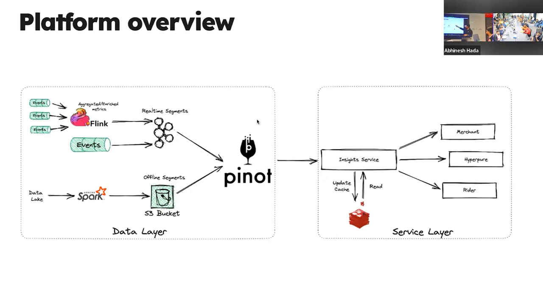Now, since we already have an events pipeline in place, we have also added support for users to add offline segments. There were 2 reasons behind adding this. First, to support better evolution of business metrics and KPIs. When we start a project, we decide that this is how the metrics would look.